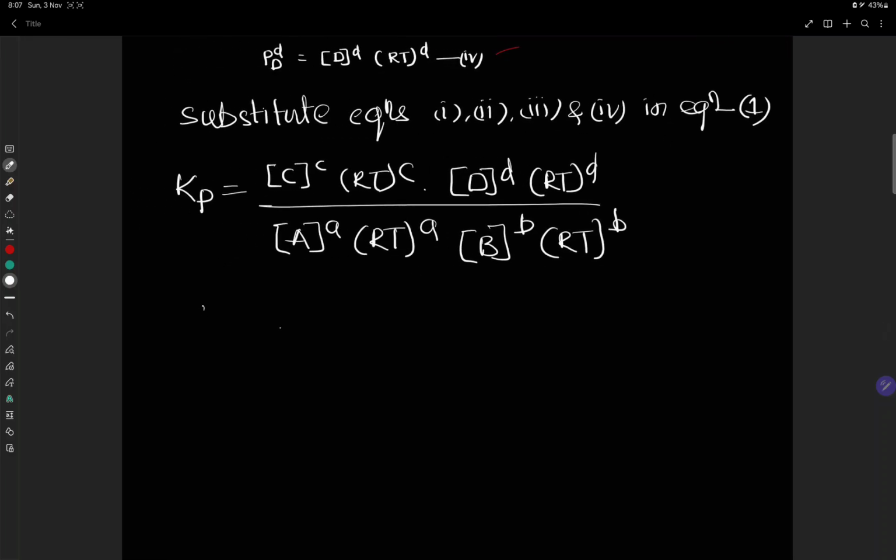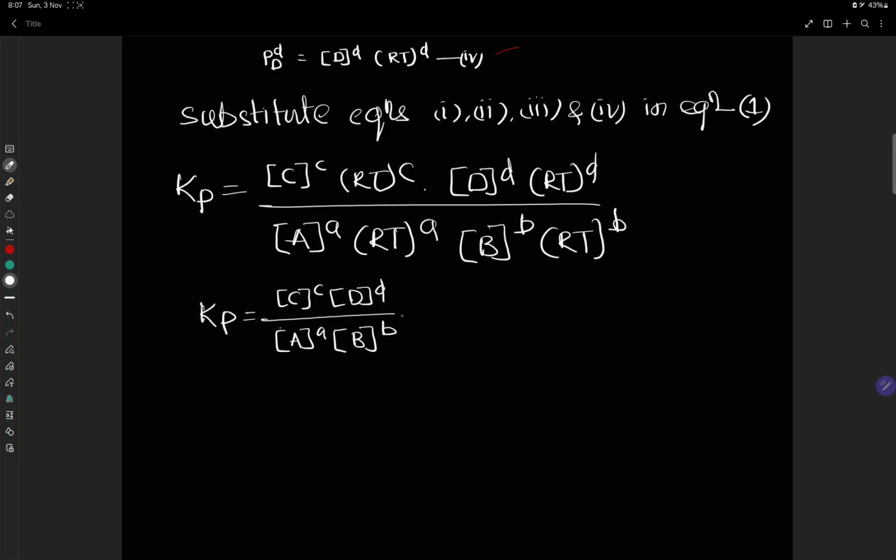Kp is equal to, separate the concentration terms: C power c into D power d by molar concentration of A power a into molar concentration of B power b.